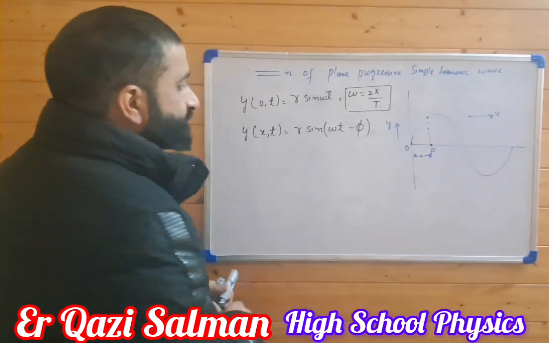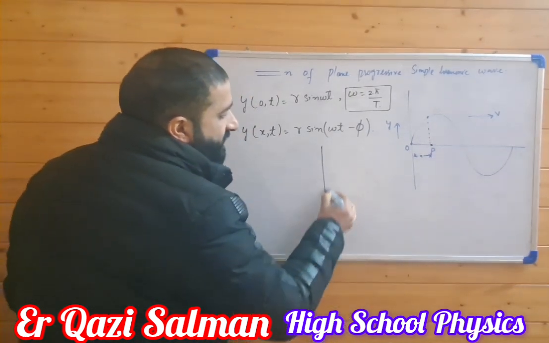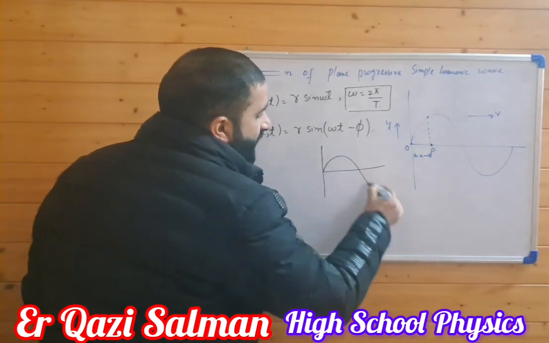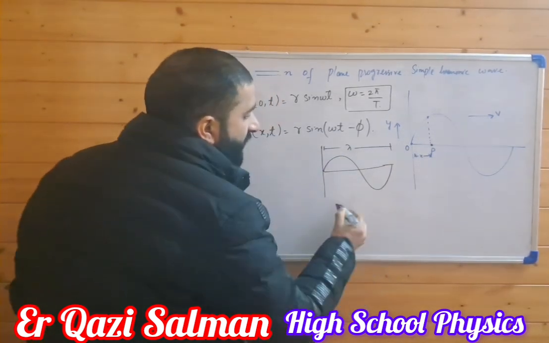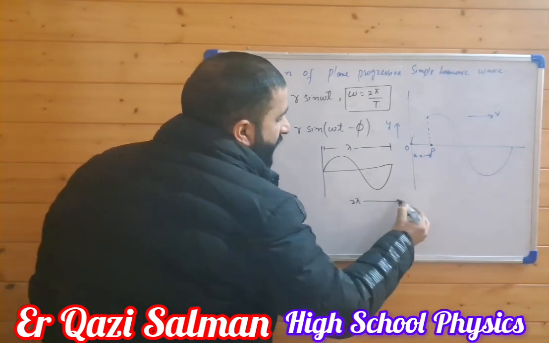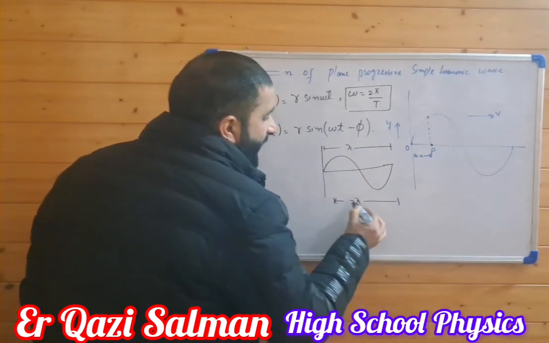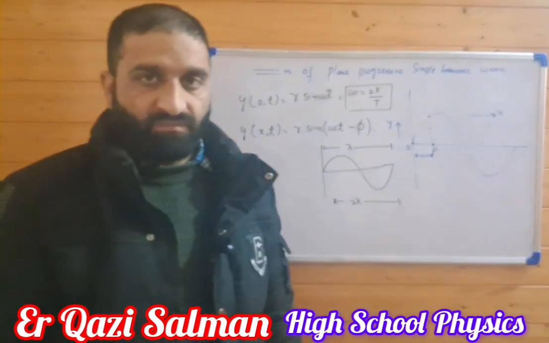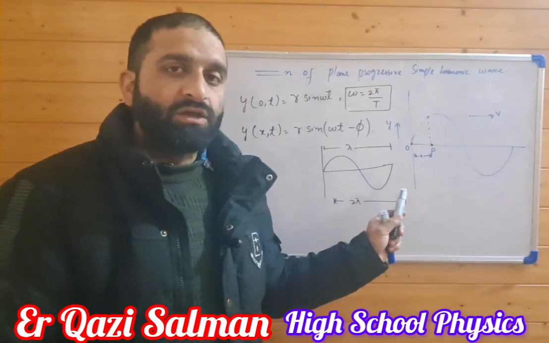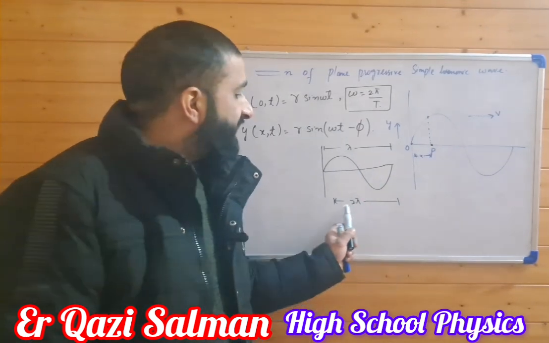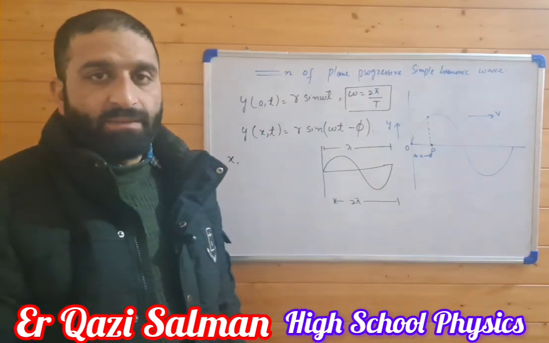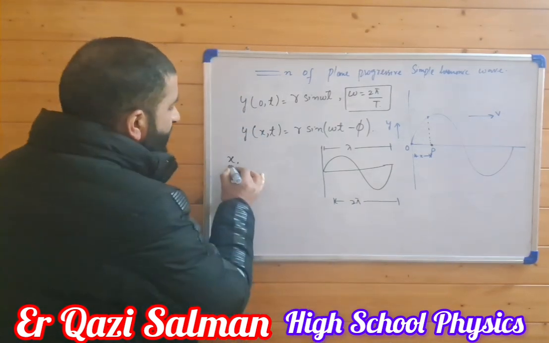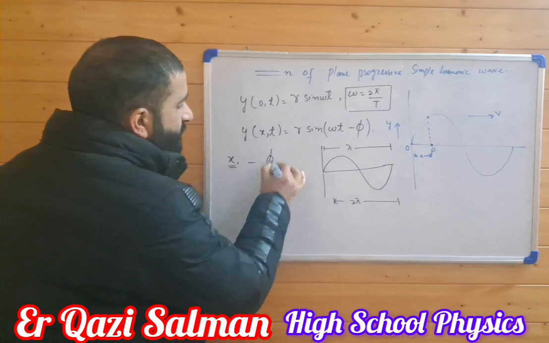We know that one wavelength, lambda, corresponds to an angle of 2 pi. Which means when the wave completes one wavelength, it completes 2 pi radians. So we have a path length of x. How much angle is this x equal to?